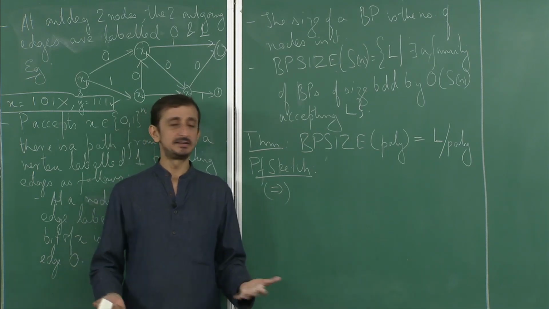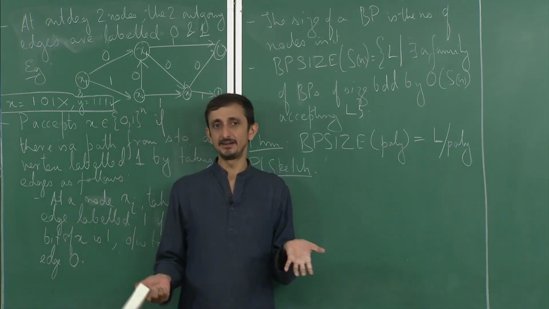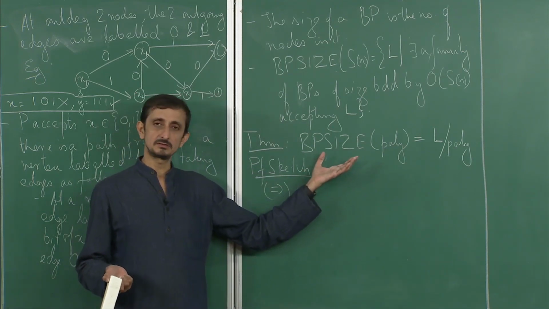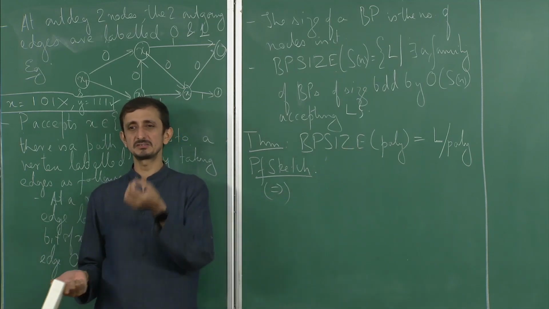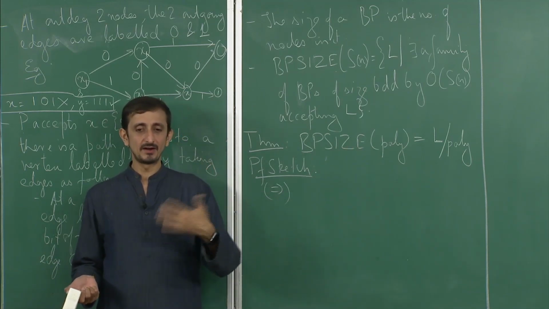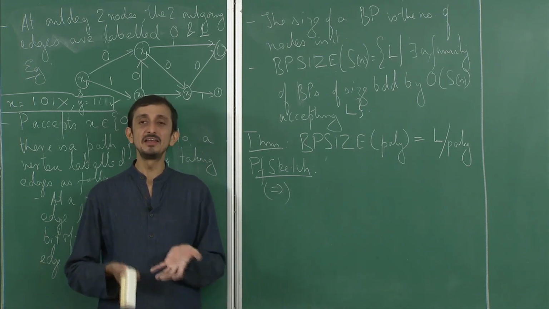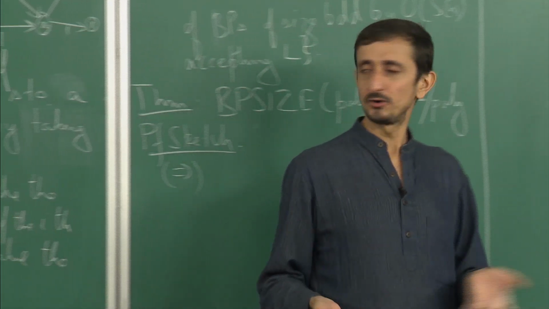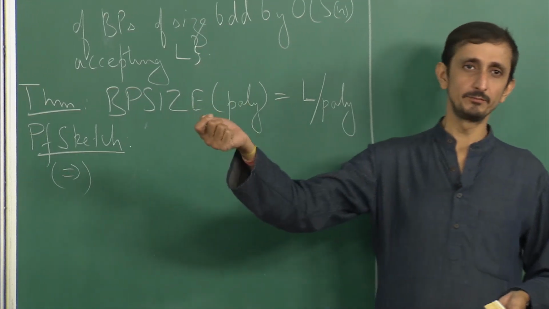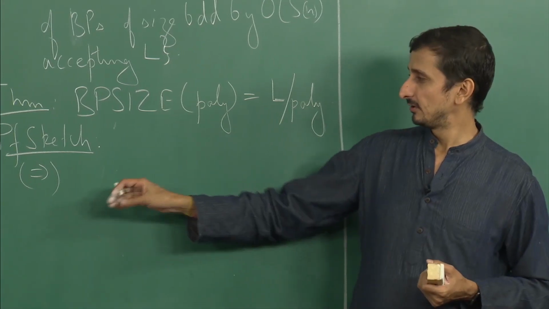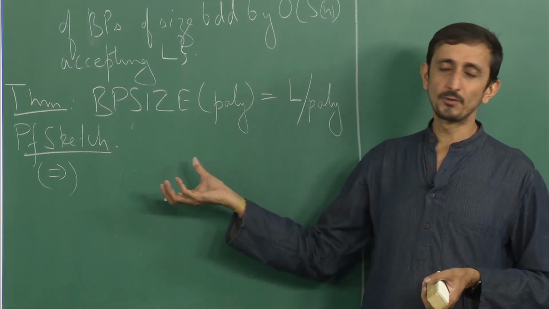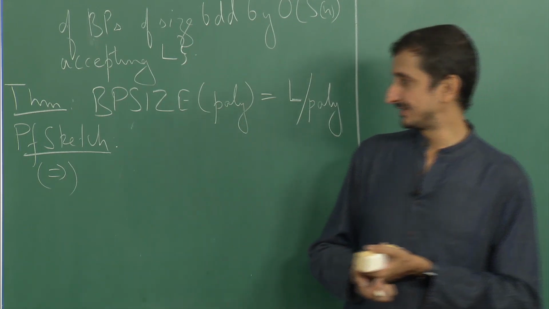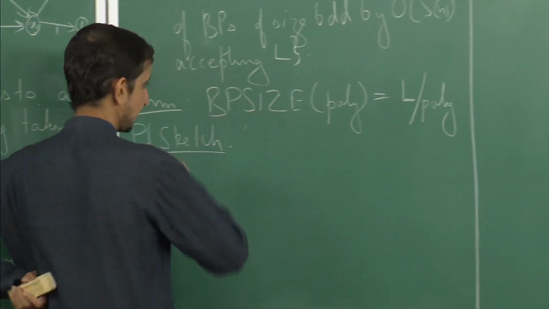I design an algorithm that does exactly this, and the space used by that algorithm will be logarithmic in the size of the branching program. Basically I would be running a while loop: while I don't reach a sink vertex, whenever I am at a vertex, I look at the input and take the edge accordingly. I would have to store at any point in time which node of the branching program I am at, and that takes space logarithmic in the size of the program.